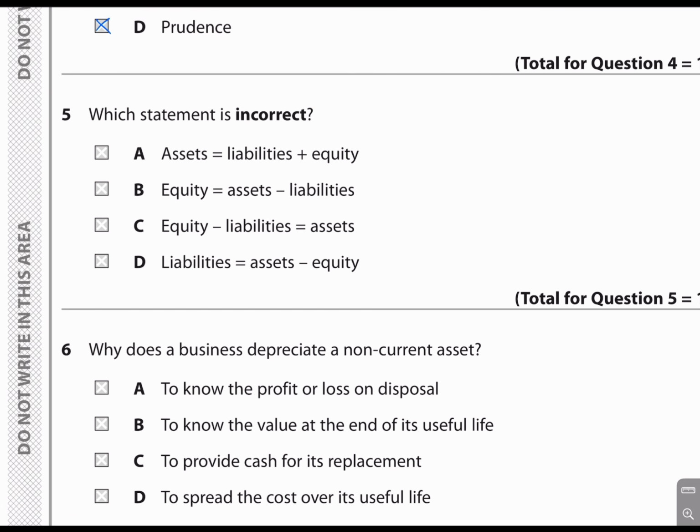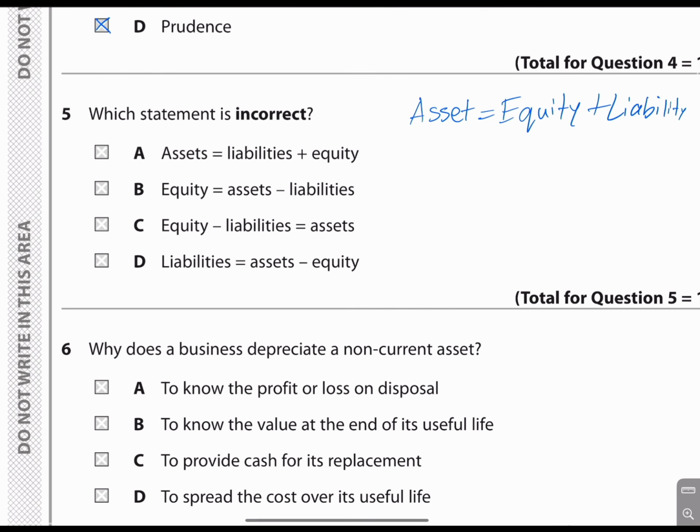Alright, which statement is incorrect? Now here we have a statement about equity, asset and liability. Assets equals equity plus liabilities. Now here they have asked us about the incorrect one. Now here we know this one is right, so this one cannot be incorrect. On option 2 we have equity is equal to asset minus liabilities. It's also right because if you make equity the subject, asset minus liability is right as well.